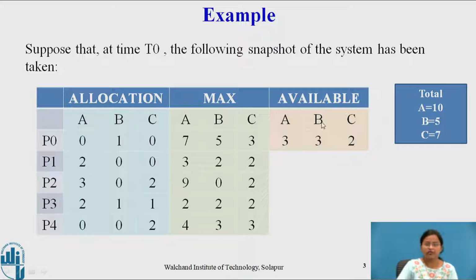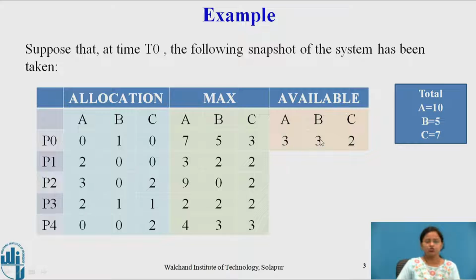So now the available instances of resource type A is 3. Why is it 3? Because 2 are allocated to P1, 3 are allocated to P2, 2 are allocated to P3. So a total of 7 instances are allocated out of 10. So that's why 10 minus 7, 3 are now available. Similarly for resource type B, from 5 instances, 2 instances are allocated, 1 to P0 and 1 to P3.